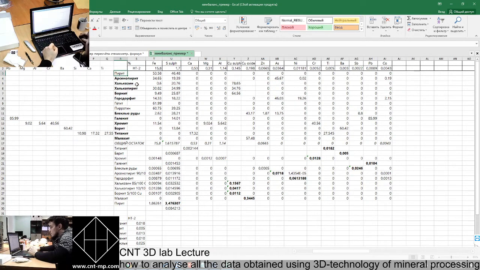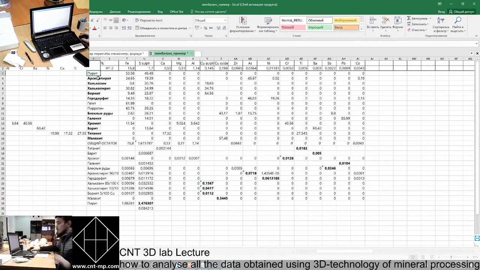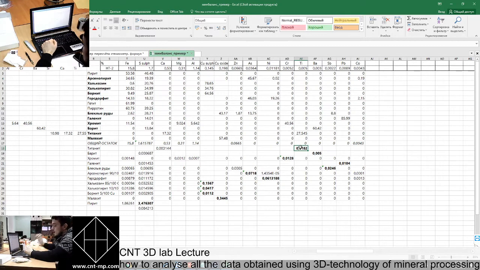So we know the chemical composition of every mineral we observe, and we put them into a special tab, and after that we can analyze the mineral content using the chemical composition of the source sample. How to do that?